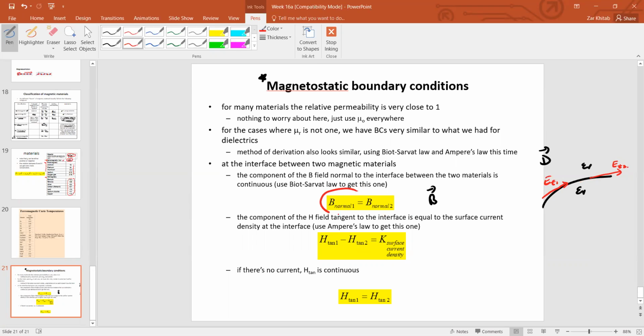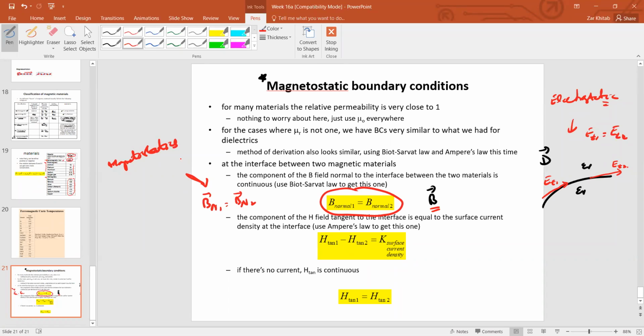Now, when you have a boundary between two magnetic materials and you are looking for the magnetic field conditions, B normal 1 will be equal to B normal 2. Okay. In electrostatics, E tangential 1 was equal to E tangential 2. In magnetostatics, B normal 1 equals B normal 2.